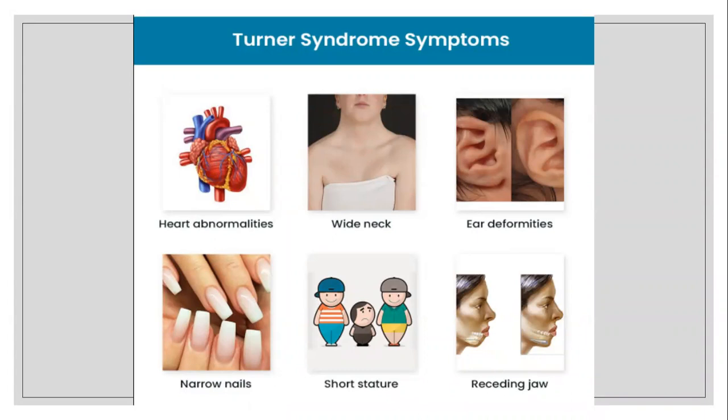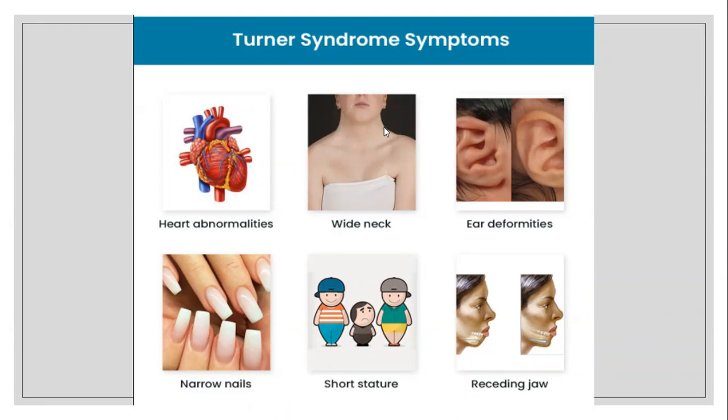Most of them can lead a normal life with regular medical intervals. So if I ask you what are the symptoms of Turner syndrome? Turner syndrome leads to various developmental and medical problems, like heart abnormalities.